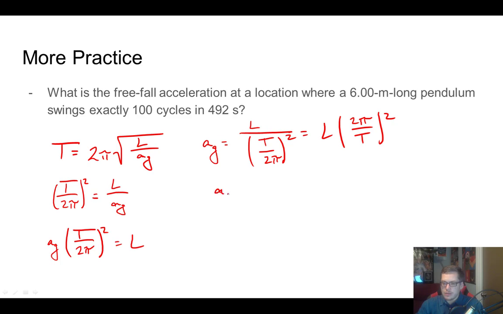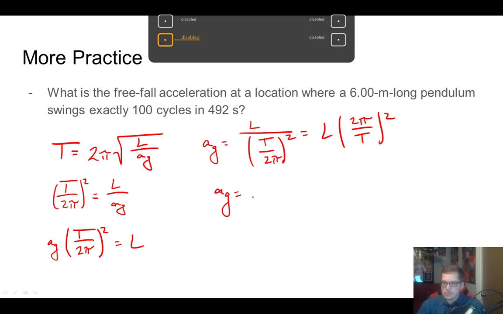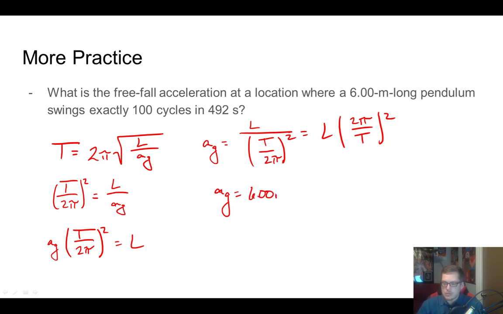Right? So the acceleration due to gravity would be equal to, now our length is 6 meters, 6.00 meters, and then 2 pi divided by our period. Now the period, remember, is defined as how long it takes to do one cycle.